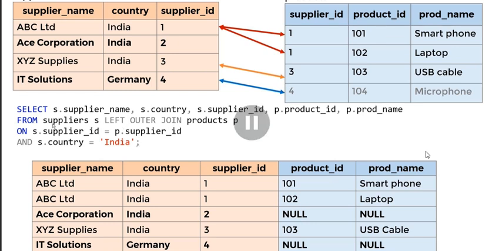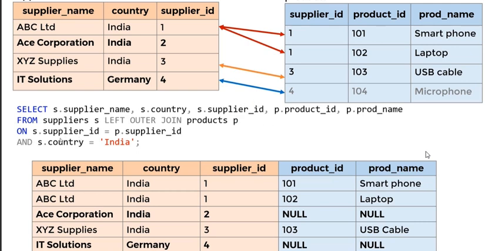A left outer join gives all the records from the left-hand table, and this means we are going to return all suppliers regardless of whether they meet the condition in the AND clause.